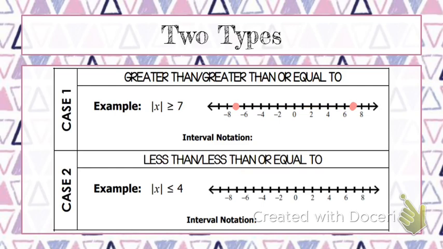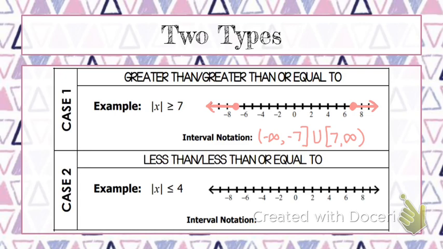So we know that only the numbers that are more negative than -7 and more positive than +7 are going to satisfy this inequality. So in interval notation, this is -infinity to -7 with a bracket in union with +7 to +infinity.